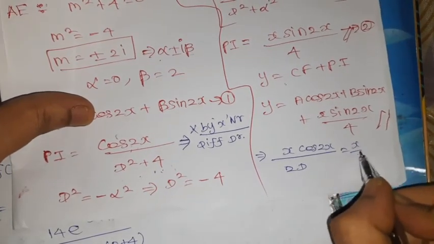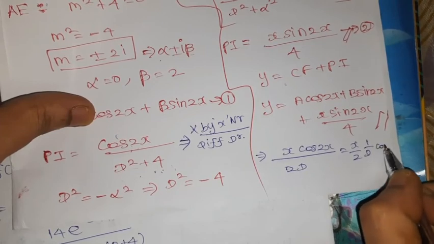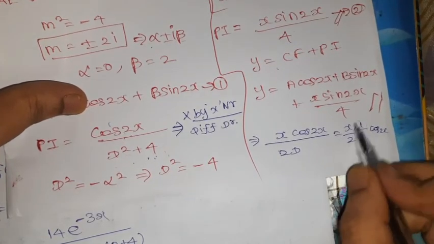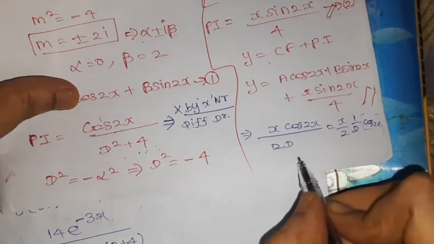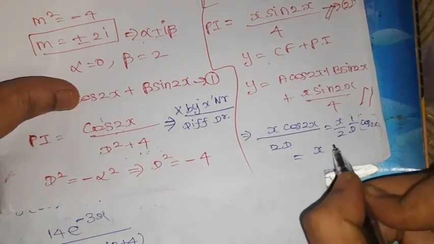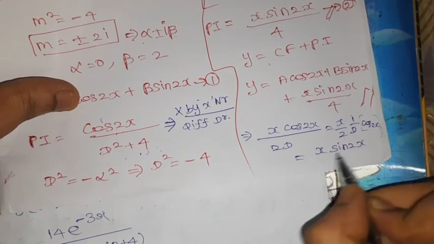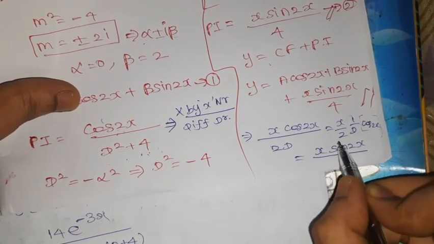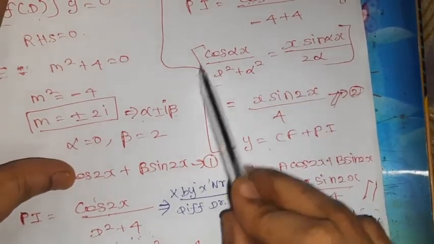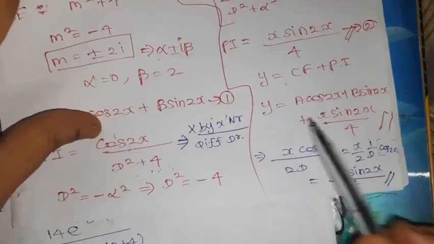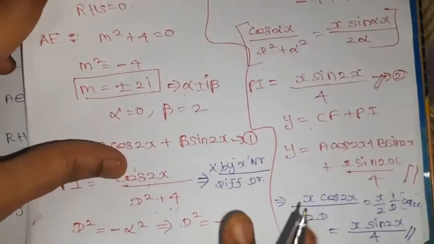So x by 2 into 1 by D cos 2x, right? 1 by D is nothing but integration of cos 2x. The integration of cos 2x is sin 2x by 2, so x sin 2x divided by 2, and already 2 is there, so 2 into 2 is 4. So we can use this formula or use this shortcut.